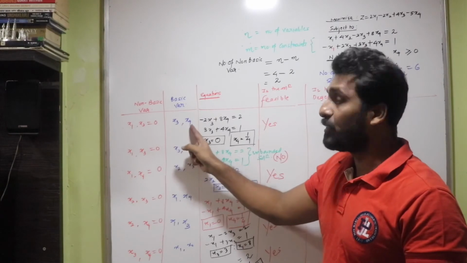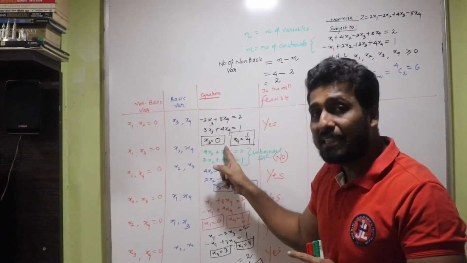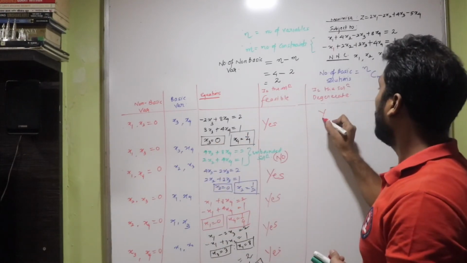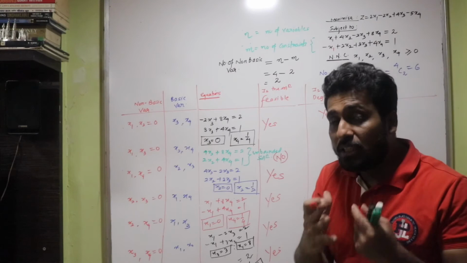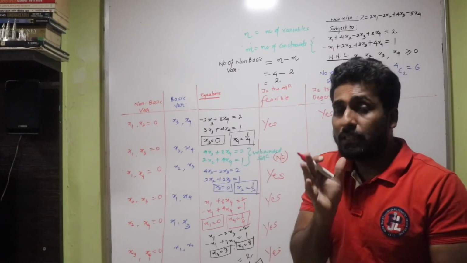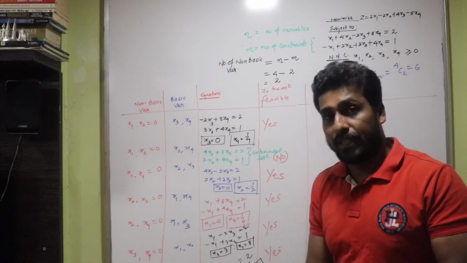Look at this, x3, x4 were your basic variables. Have you got some of them as 0? The answer is yes. Hence this solution is degenerate. So I'll call it yes. If some basic variable is 0, then it is called a degenerate solution.